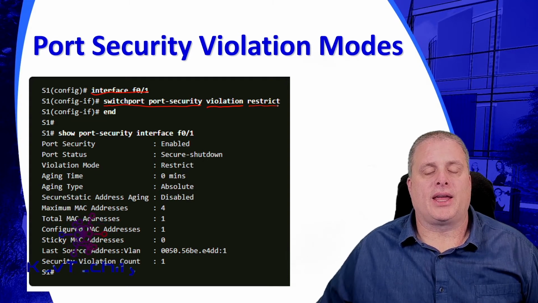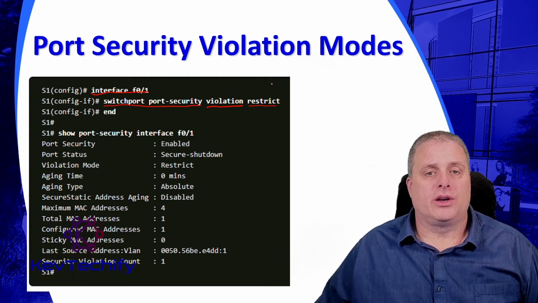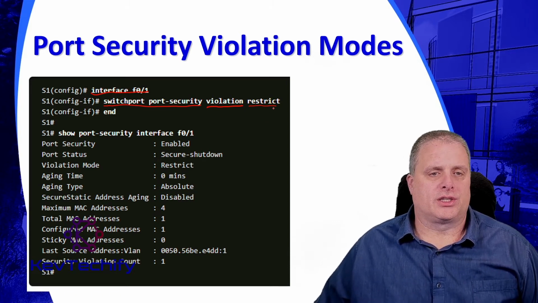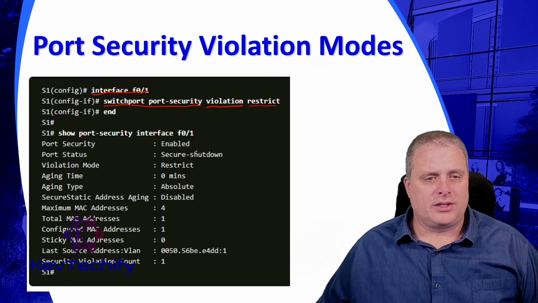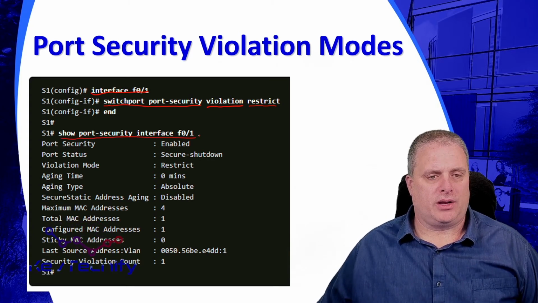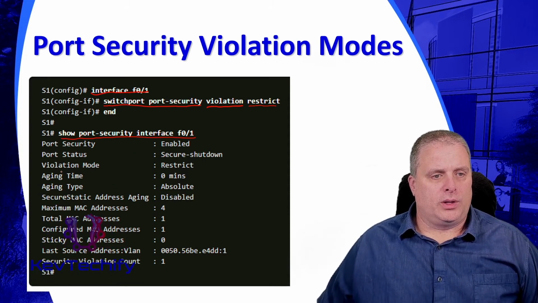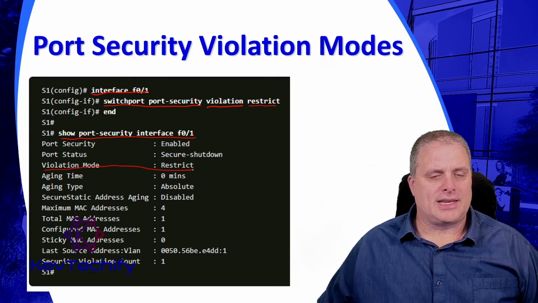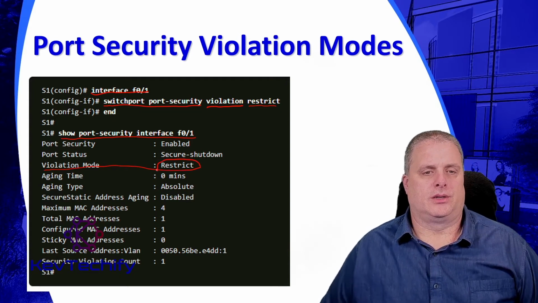Any additional MAC addresses, we're going to increase our error counter by 1 and create a syslog. Go ahead, enter that in, and then we can do our show port security interface command on FastEthernet 0/1. And we can go down here and see our violation mode is set to restrict.